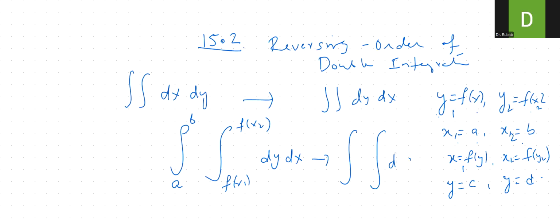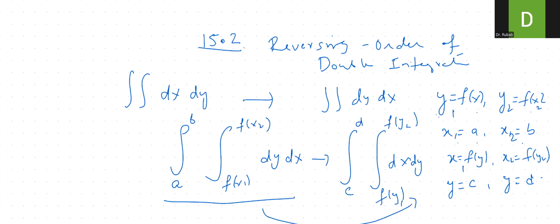The constant limit comes on the exterior integral and the function limit comes on the interior integral. The rule is this: the function limits come on the interior integral and the constant limits on the exterior integral. Sometimes the question is given in the form dy dx, and we have to reverse it into this form.